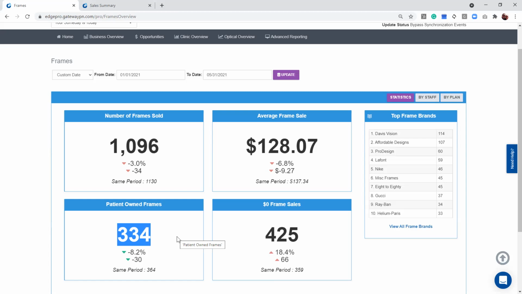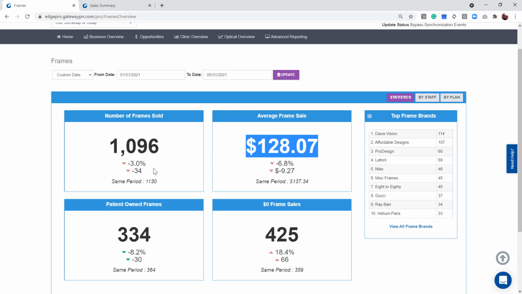Now, I do tell everyone it'll never be zero. We're always going to have patients that want to use their own frame, but 16 per week may be a little high. So anytime we can reduce this, they're going to purchase a frame. So it's going to help increase our average frame sale, and it's also just going to make up for this difference in frames that they did not purchase.